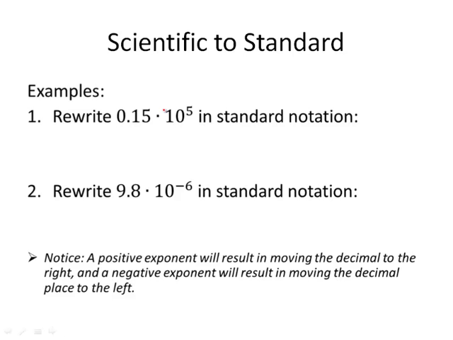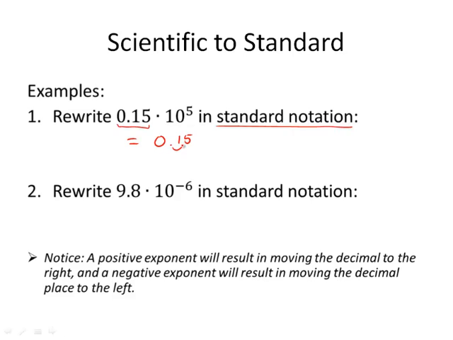These examples are asking us to convert a number in scientific notation into standard notation, which is a regular number. So we can see that 0.15 times 10 to the power of 5 would be 0.15, but then every time you multiply by 10, the decimal place moves over by 1.